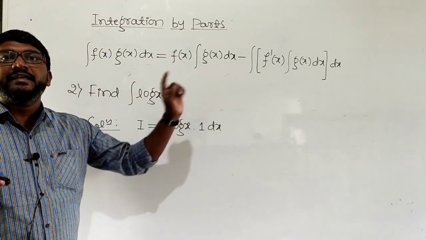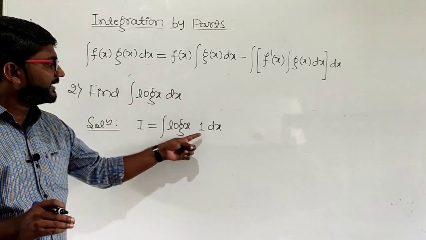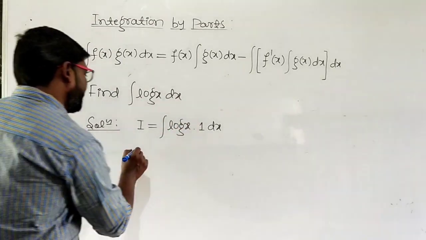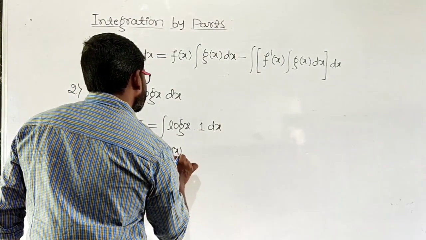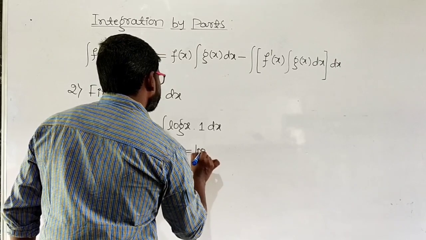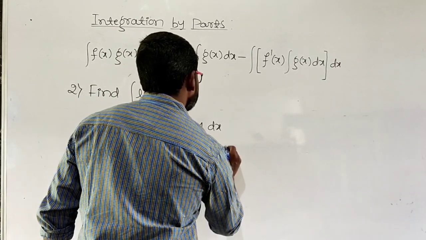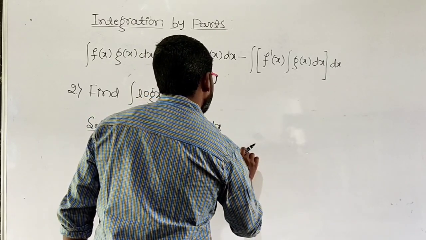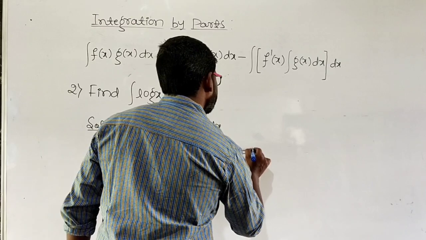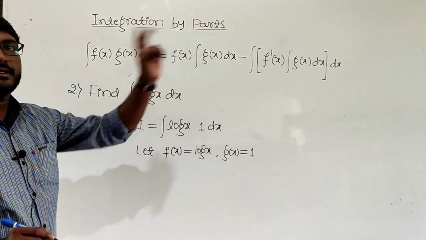After I it is L, that means logarithmic function. We take log x as the first function and 1 as the second function. Let f of x equal log x and g of x equal 1.